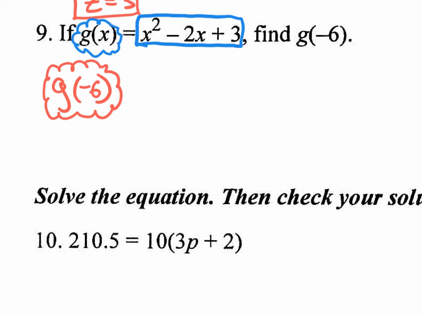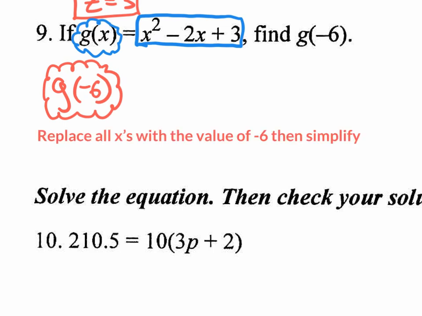So g of -6 is really telling you, see how up here was g of x? See how there's no more x? What this is really saying is to take all your x's and replace them with the value of -6. So it's a lot faster to do this notation than to actually write out this whole sentence.